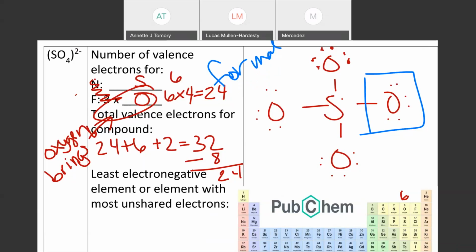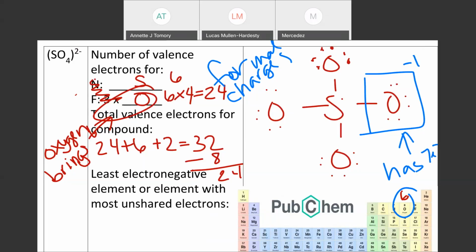I'm talking about formal charges here. All right, so it has 7, but it only brought 6. So what would be the charge if it has an extra electron there? -1. Do you see that, Mercedes? Oxygen brought 6 electrons from the valence electrons.